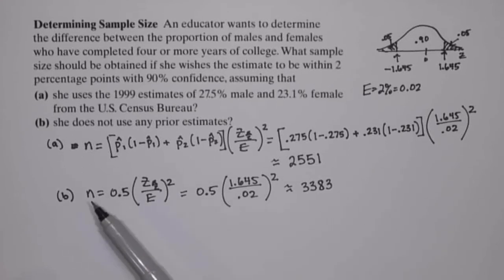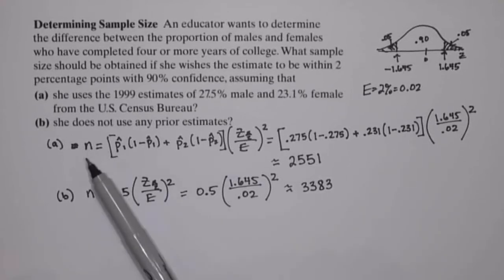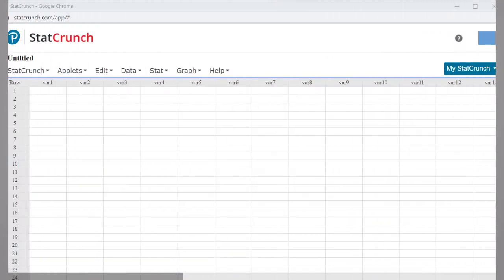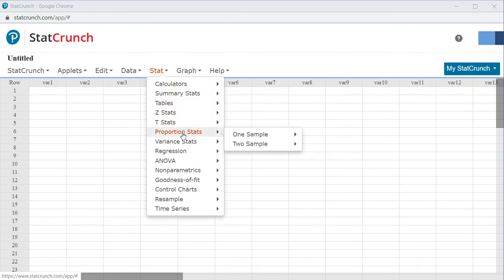Now there is no command in the TI calculators that will allow us to determine a sample size. But there is a command in StatCrunch that we can use for determining the sample size. This is very similar to what we used when we were dealing with a single proportion. So in StatCrunch, we're going to go to Stat and Proportion Stats. And in this case, we have two samples.